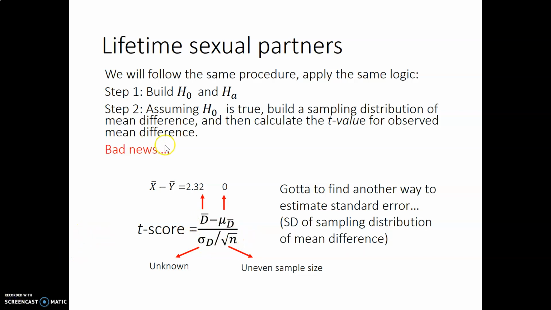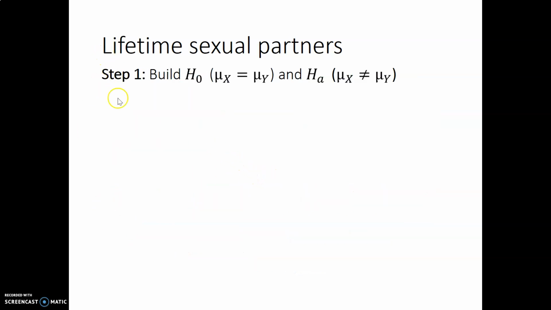In the next slide, I'm going to talk about the procedure for calculating the t-score for these two samples. The first step, as always, is to build the null hypothesis. Our null hypothesis is that men and women do not have a significantly different number of sexual partners in their lifetime.